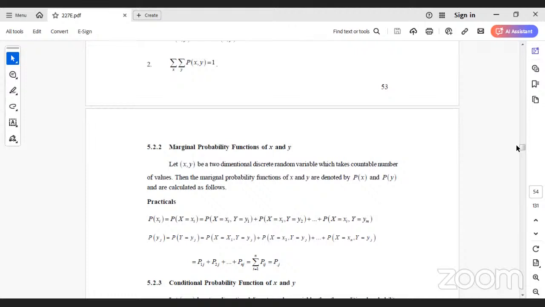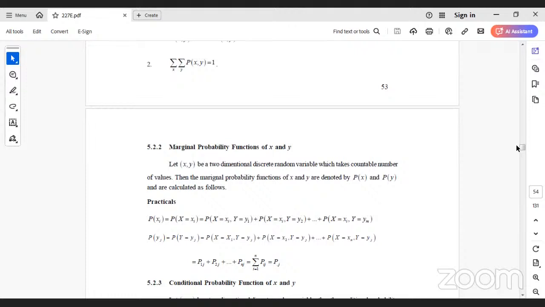So we take p(yj), that is Y = yj. When we use i for x, we use j for y. So X = x1 and Y = yj, X = x2 and Y = yj, X = x3 and Y = yj, up to xn. That is, along the top we take xi, and along the side y1, y2, y3, y4 up to ym.